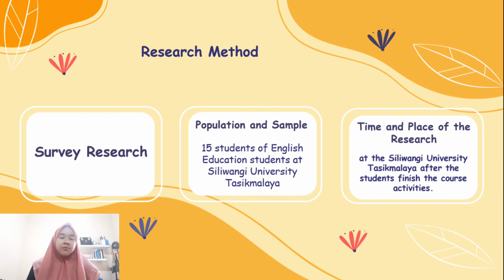Here are some points too. The first is that this research uses a survey research method, which will use a sample of 15 English education students of FKIP Unsil. It is located at Siliwangi University Tasikmalaya, after the students finish the course activities.